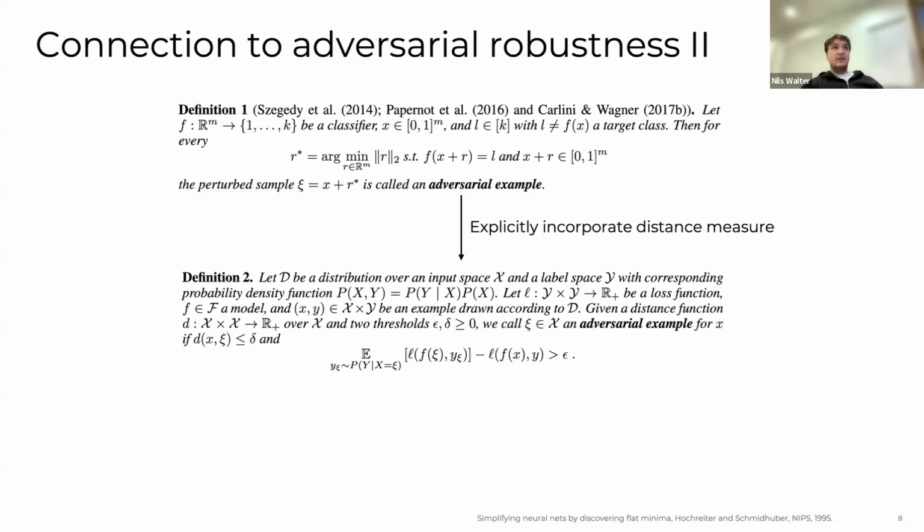If this is the case, we call this an adversarial example. And if your loss changed enough, then you flipped the prediction, and that's where we're back at the initial definition. But if you write it out like this, it becomes very apparent that, I mean, this is not really an epsilon-delta criterion for smoothness, but it kind of has the same vibe. And therefore, you can also have this intuition that flatness may help there.